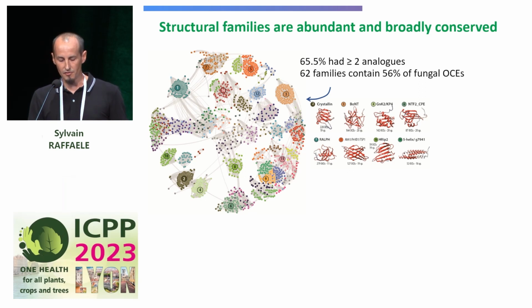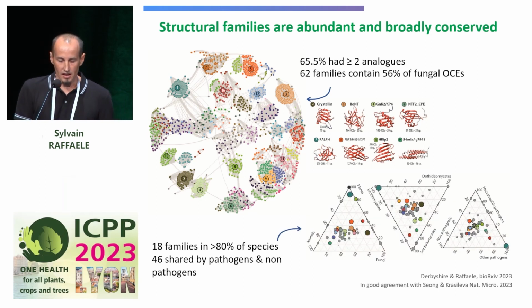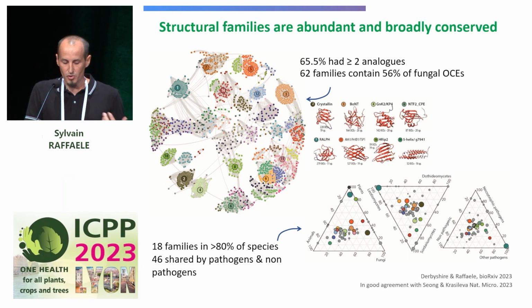Another interesting finding was that some of these families are very broadly conserved. We found 18 families that were conserved in over 80% of the species that we analyzed. And specifically, there were 46 that were shared by pathogenic and non-pathogenic species alike. This is what you can see in these diagrams.